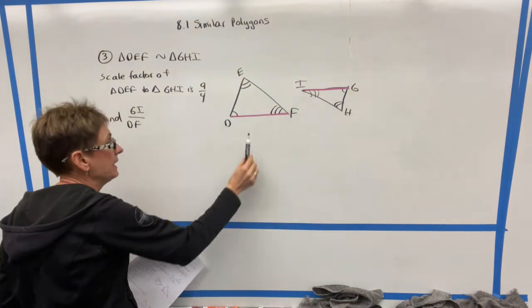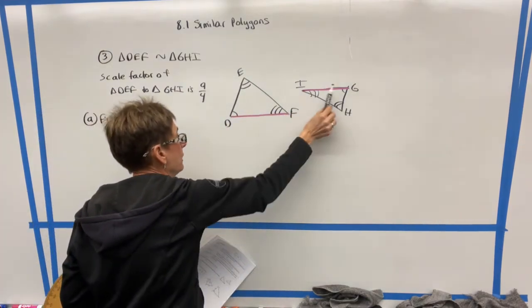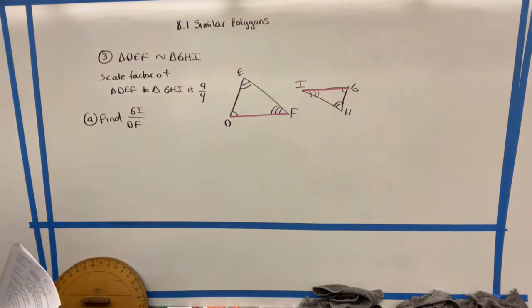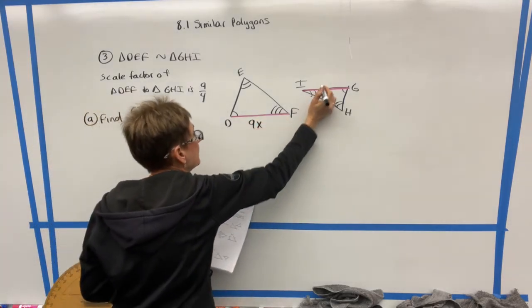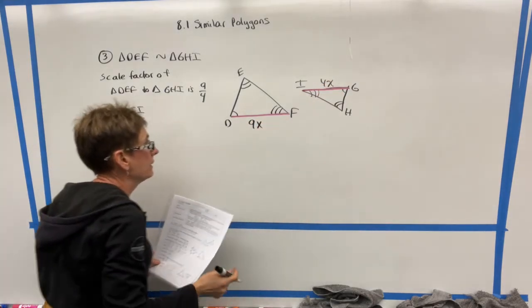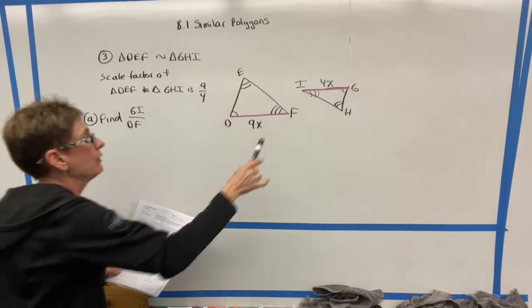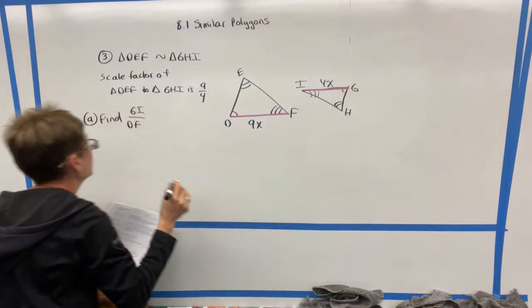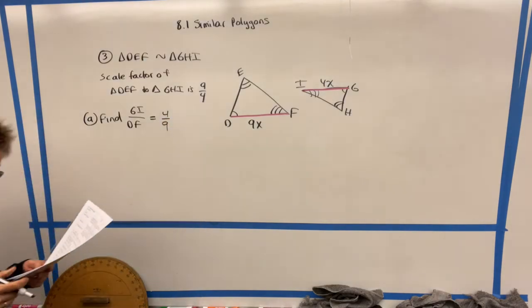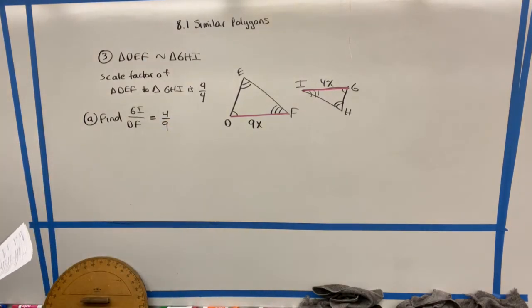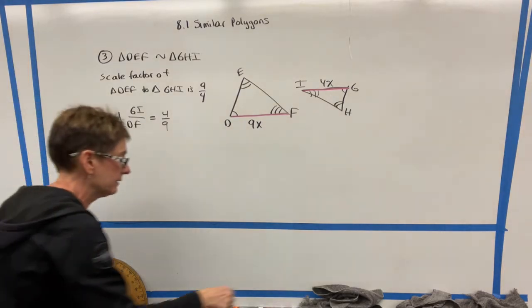Notice if I was taking side divided by side going from left to right, it's 9:4. So for example, this could be 9 times something and this could be 4 times something. However, if I'm going from right to left, it would be 4/9. So going right to left is going to give me 4/9.